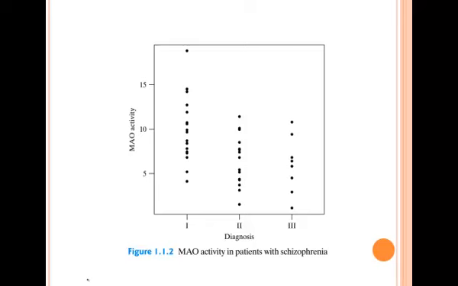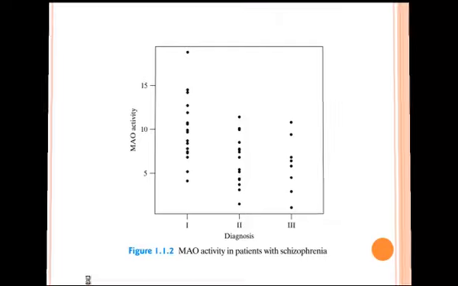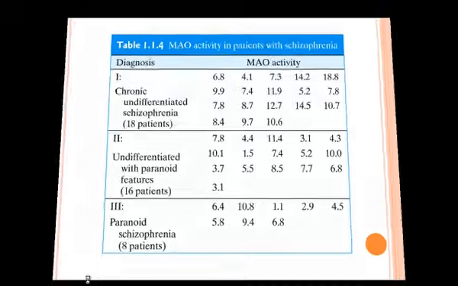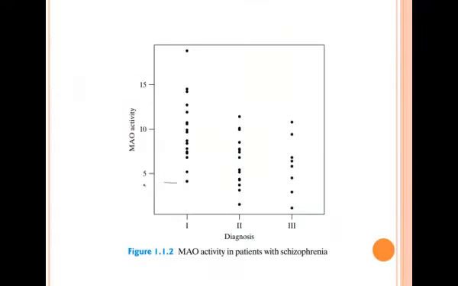So the diagnosis 1, 2, and 3, and the dot corresponds to the MAO activity for that patient. These are decimal values rounded to the nearest tenth. So the height of the dot is whatever decimal corresponds to that on the number line. So you can, again, get a sense for diagnosis 1, diagnosis 2, diagnosis 3, and it enables you to get a quick visual look at how they compare to one another.